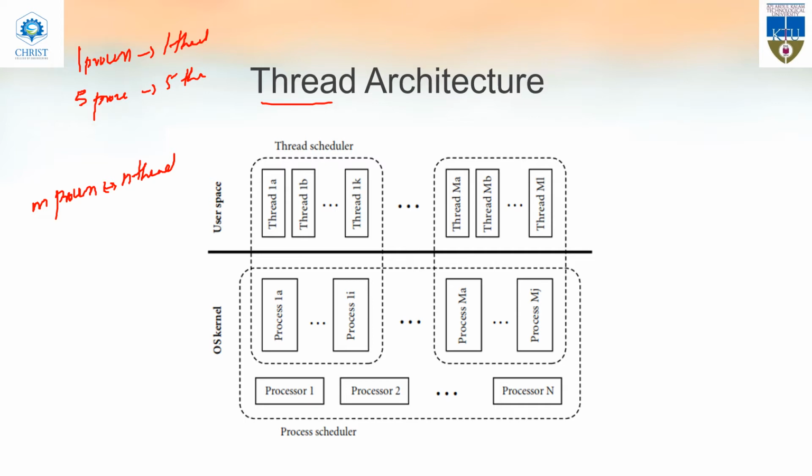But the problem was that the goal of a thread is to share the resources that a process has, and when you use it like this, it won't be sharing the resources. So the concept of thread is lost in this architecture when you use one process for one thread.